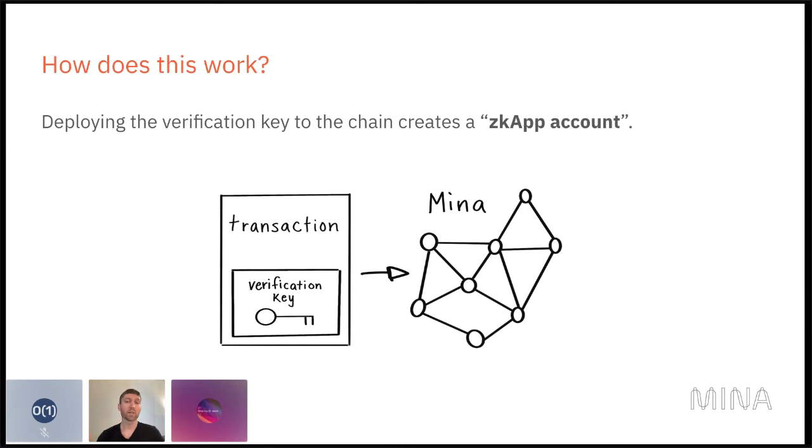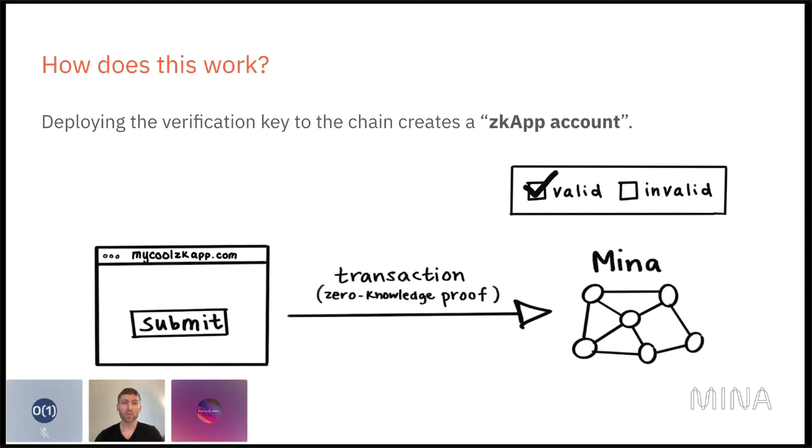In other words, they're running the expected computation. So this slide just shows that if the user sends a transaction that passes that verification key, then we know that they have in fact run that expected computation, and we will allow the state to update on that zkApp account. And of course, if not, the transaction will be rejected.